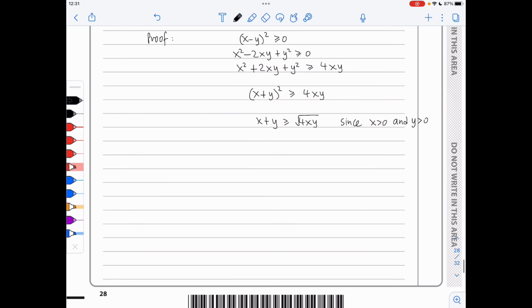So this gives me x plus y greater than or equal to 2 root xy, as required almost. If I divide by 2, I get exactly what I had to show. So x plus y over 2 is greater than or equal to the root of xy, as required.